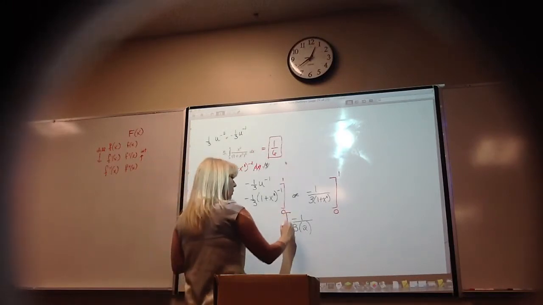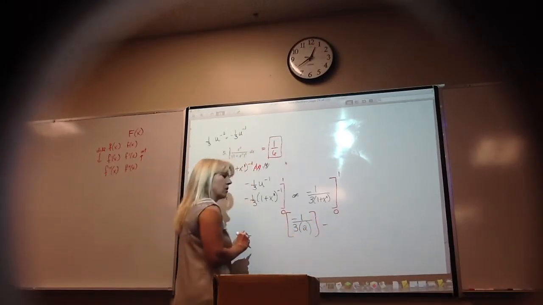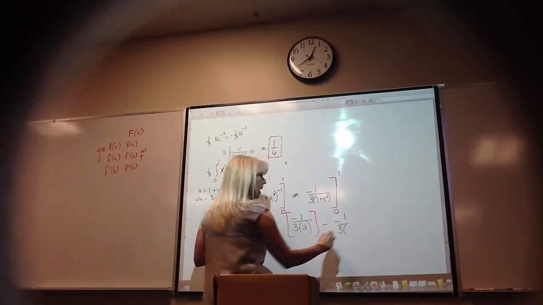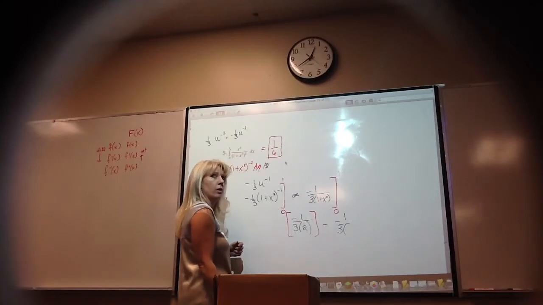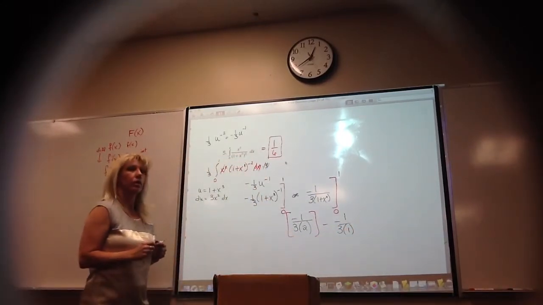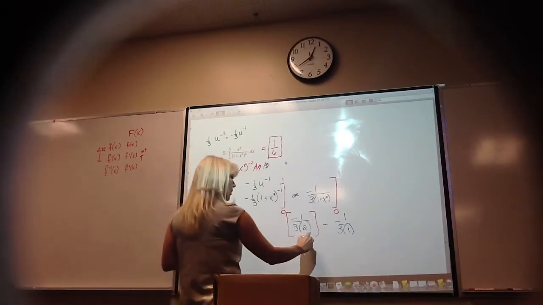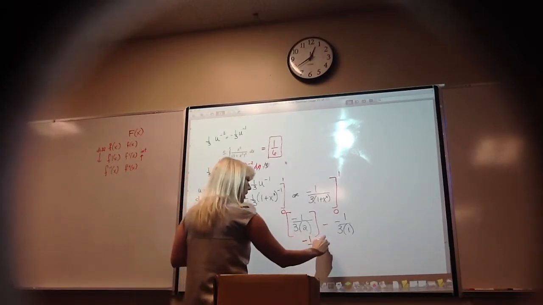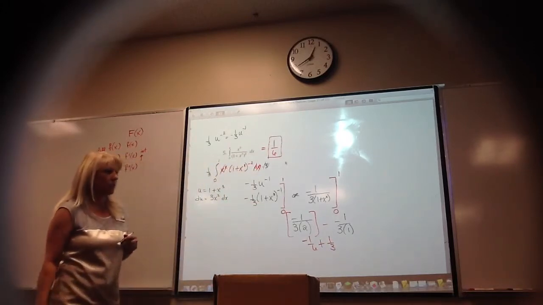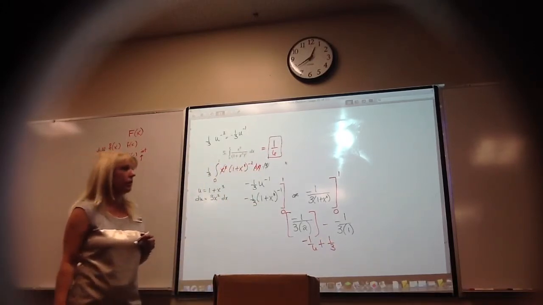So we take that quantity and subtract the result of plugging in the lower limit. So we've got -1/3 times, what is 1 plus 0? 1. A lot of people will try and make that a 0. Be really careful. So we end up with -1/6 plus a positive 1/3. Minus a negative is a positive. What's -1/6 plus positive 1/3? 1/6.